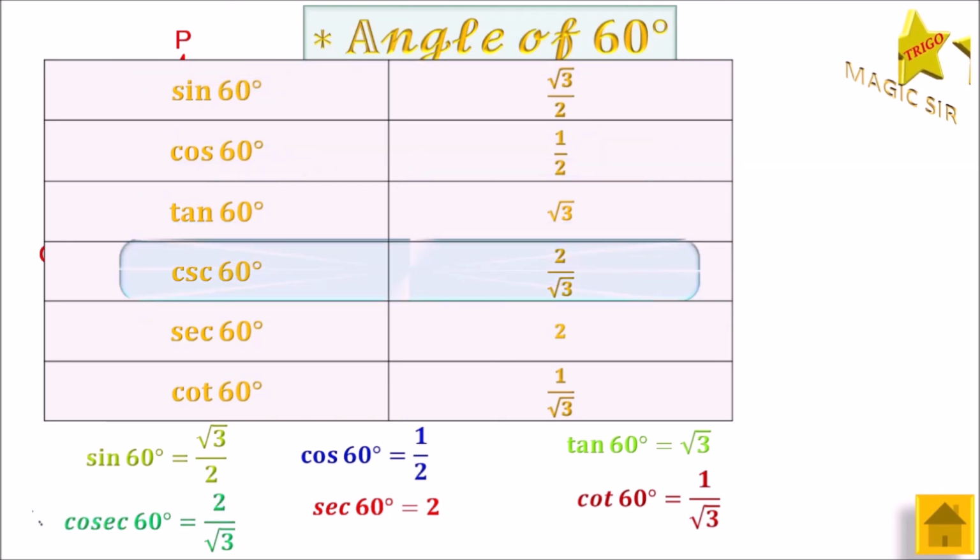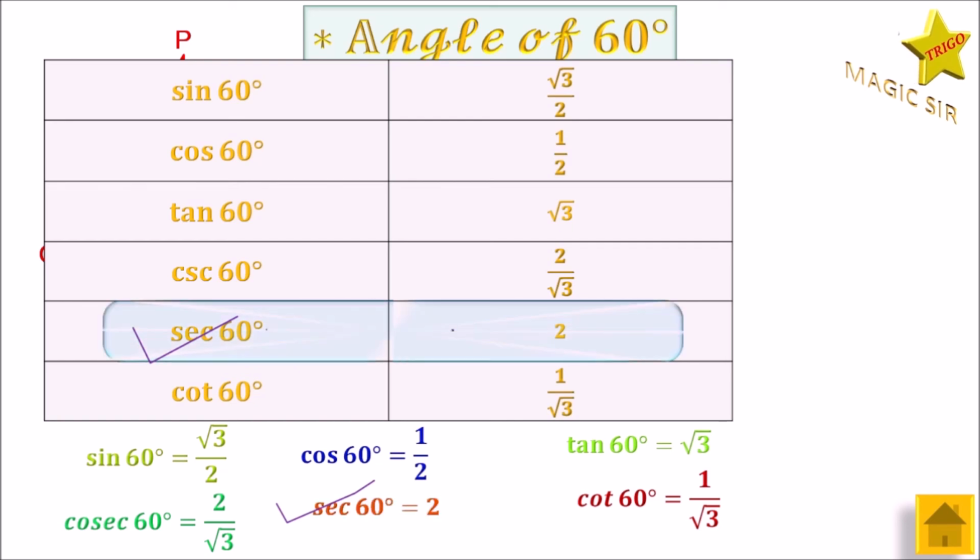Cosec 60 is equal to 2 upon root 3. Sometimes we write csc instead of cosec. Sec 60 degree is equal to 2.